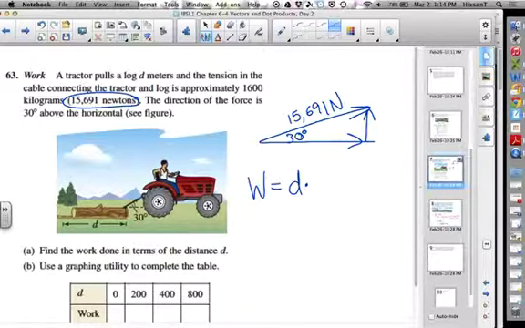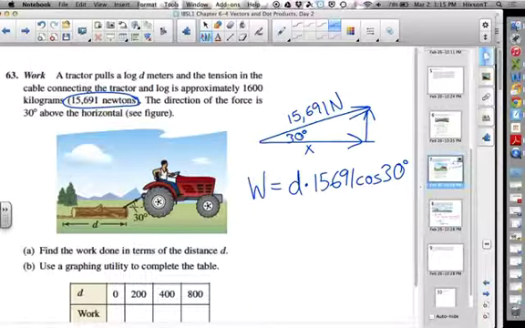So if I have the horizontal component, then cosine of 30 equals x over 15,691. So you multiply and you get 15,691 times the cosine of 30 degrees.